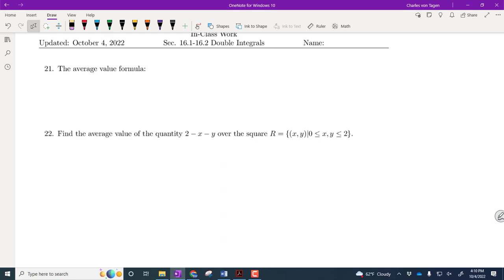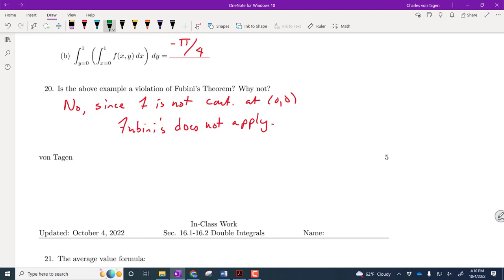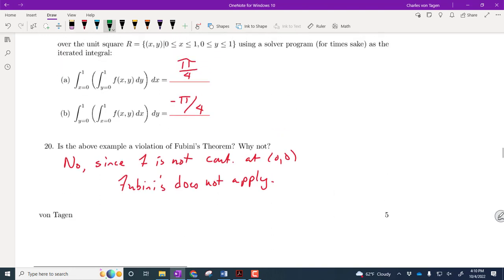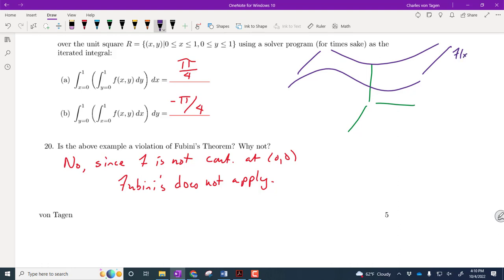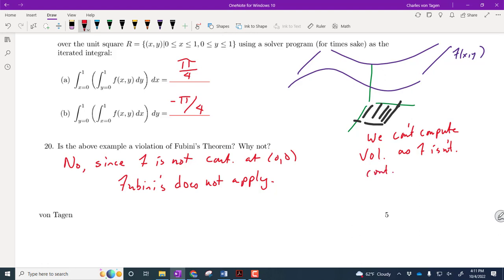Let's just spell it out here, folks, just to make sure. The picture that went with this is we have some function that's living above our space here. What was our domain? Our domain was between 0 and 1. It was this rectangle right here. We can't compute the volume as f isn't continuous at 0, 0.